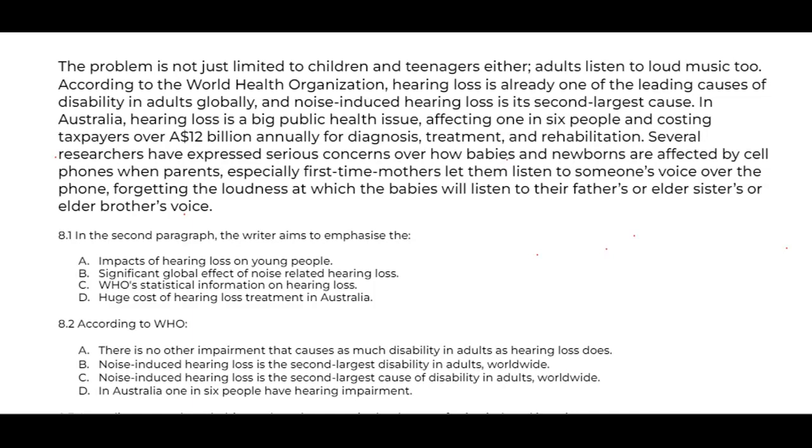Please complete 8.1 and 8.2 and raise your hands. I'll be starting the discussion when I see 20 hands. I'll be waiting for 20 people to raise your hands here.